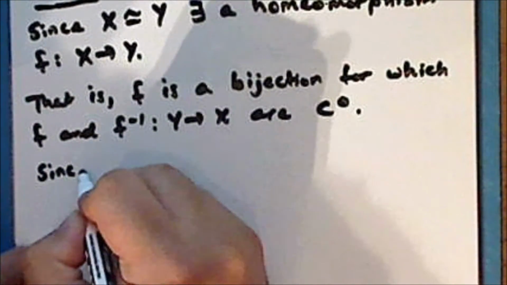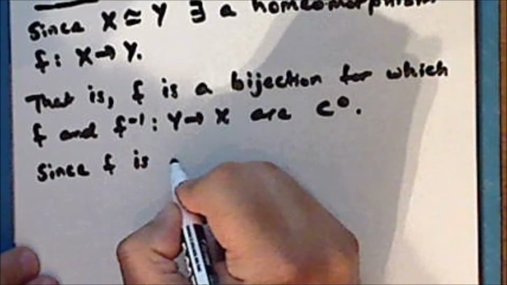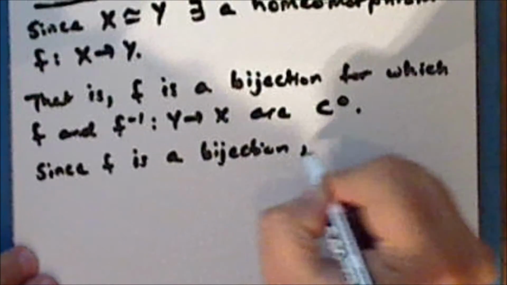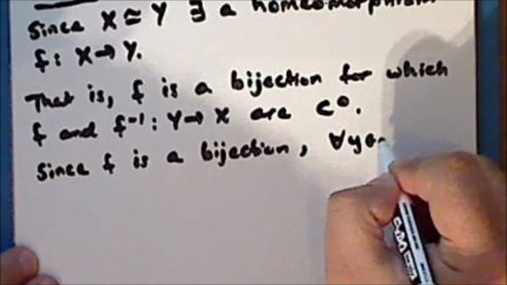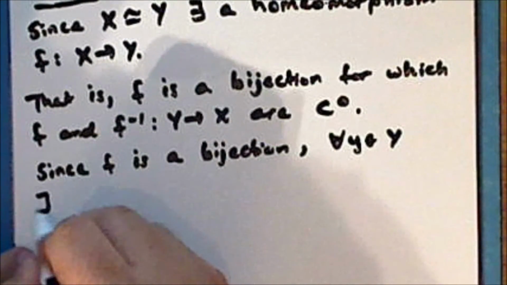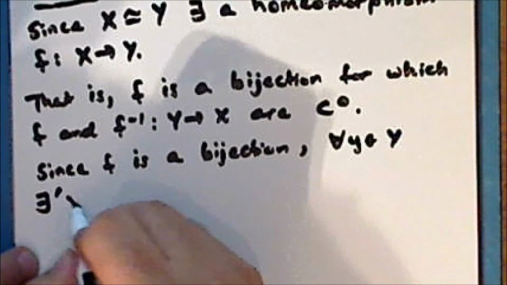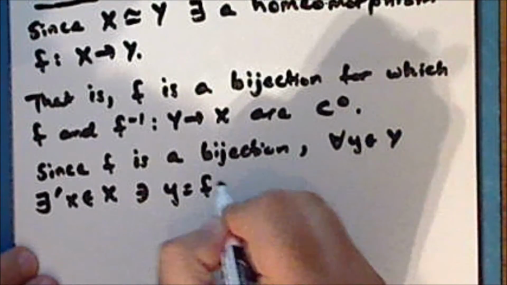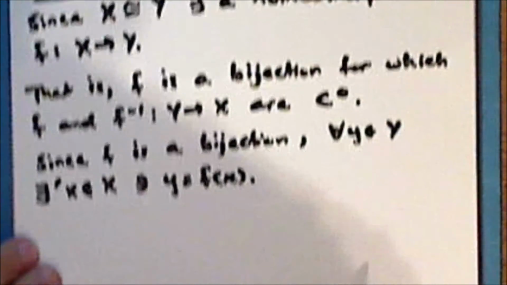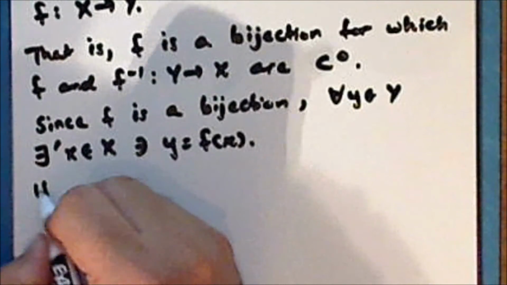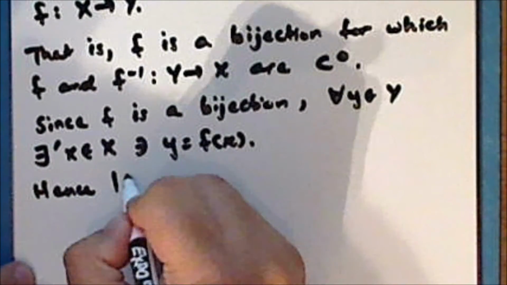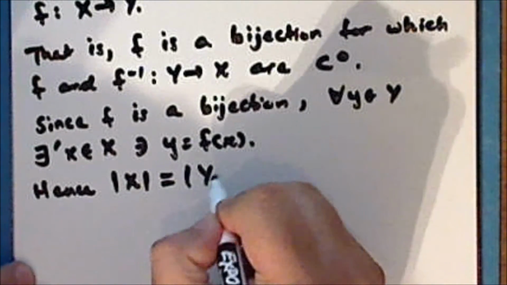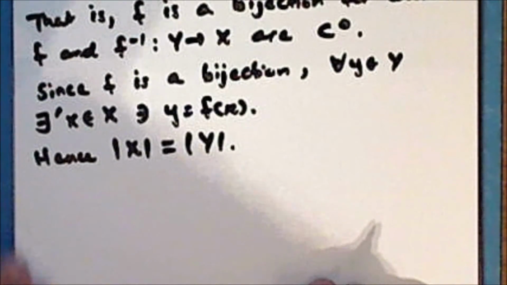Now, since the function F is a bijection, we have that for every point y in the space Y, there exists exactly one point x in the space X such that y is equal to F of x, and hence the cardinality of the set X is equal to the cardinality of the set Y.